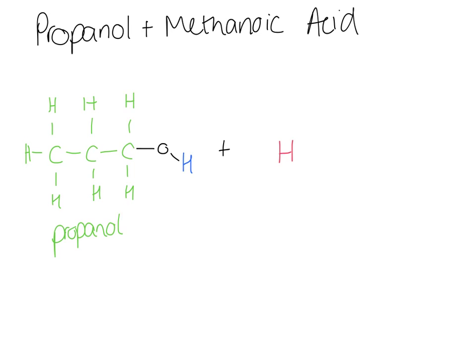So be careful about your methanoic acid. It's only going to have one hydrogen coming off because the meth includes the carbon that's connected to the carbonyl. Okay, and that is methanoic acid.